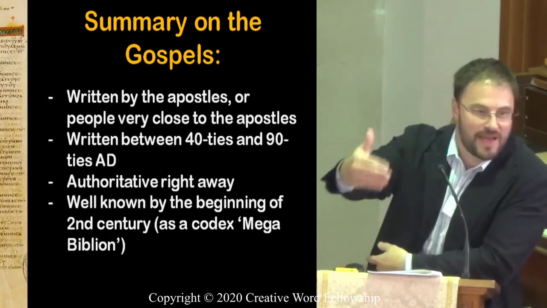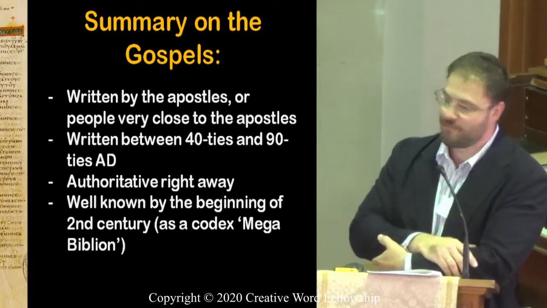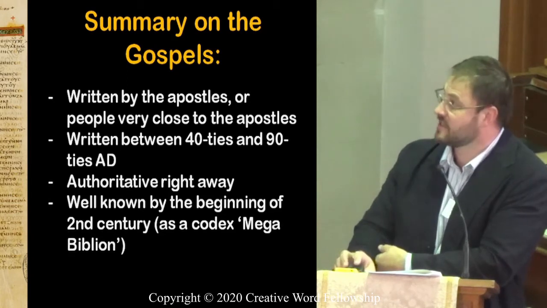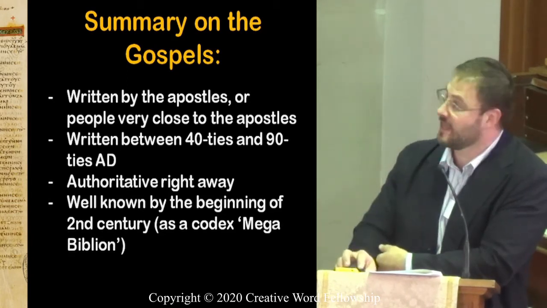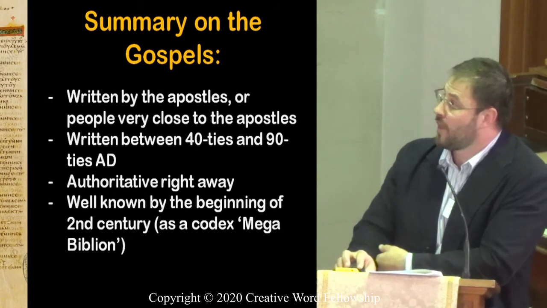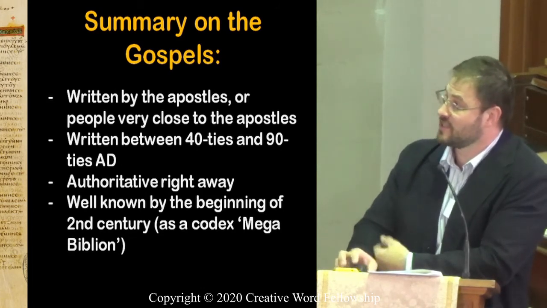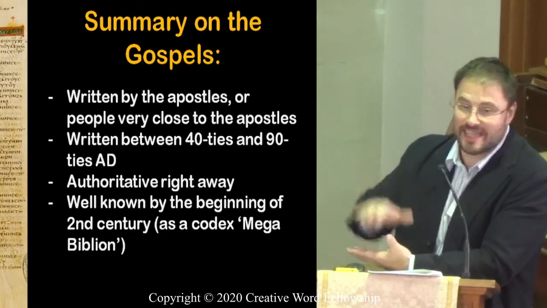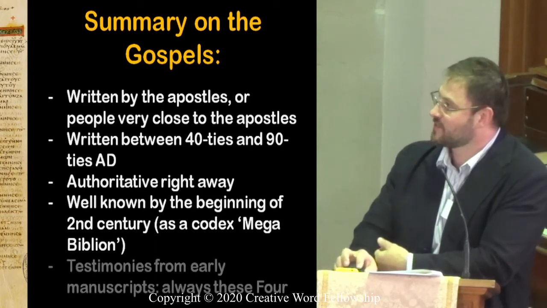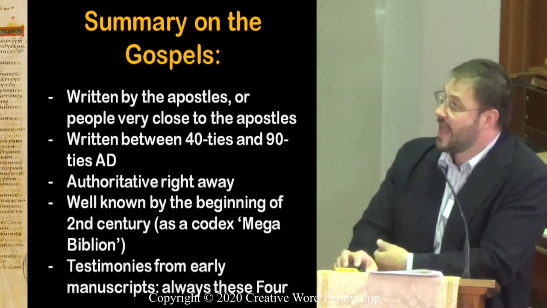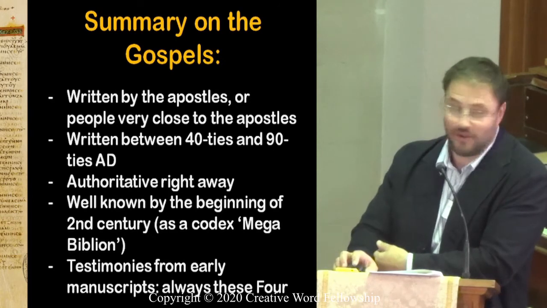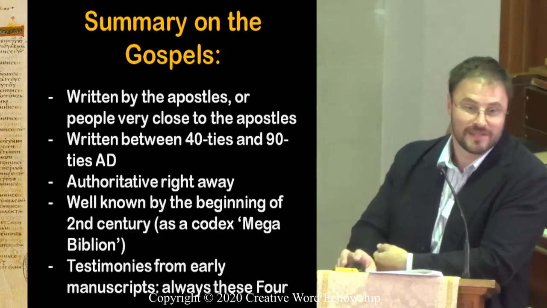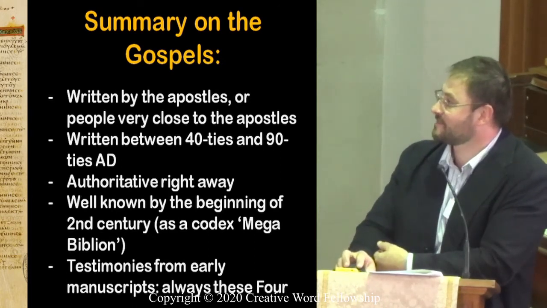So he was reflecting a practice which characterized Christians, and that's the middle of the 2nd century. They were well known by the beginning of the 2nd century as a codex, as a set of books, not separate. Codex, Megabiblion. And testimonies from early manuscripts: always these four, never any other.